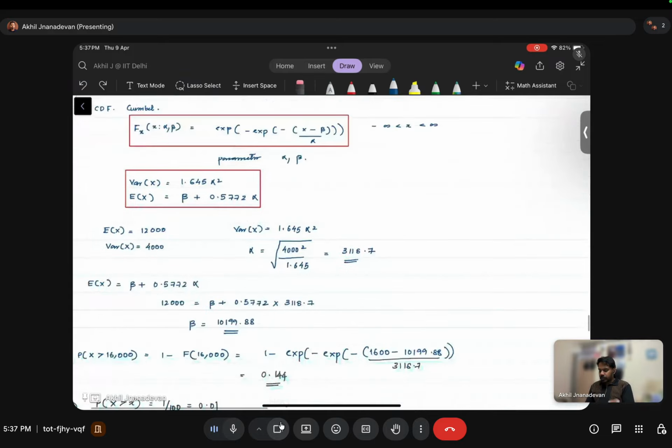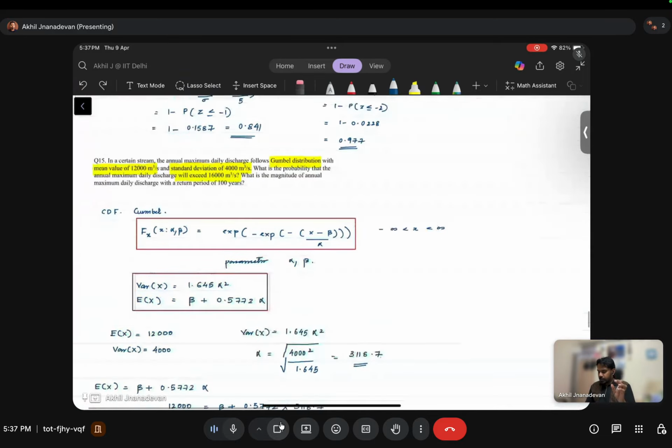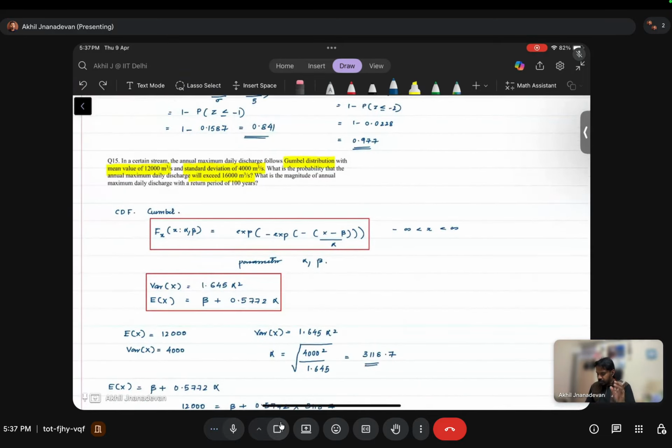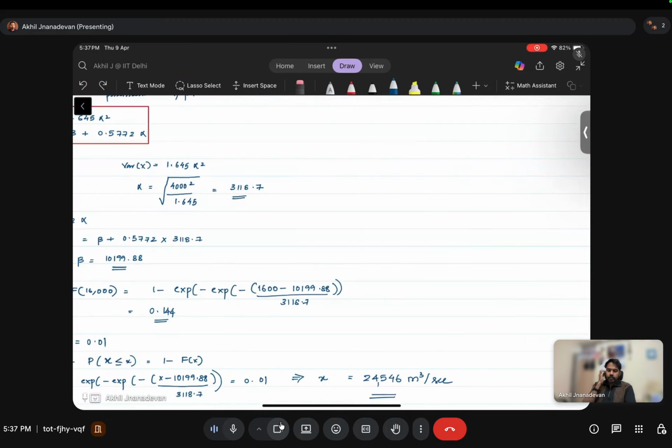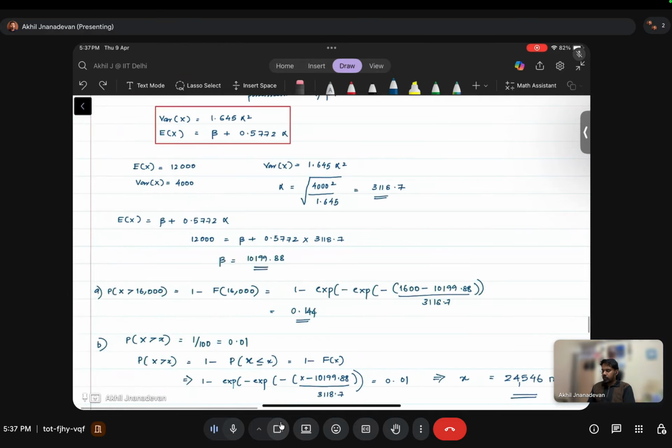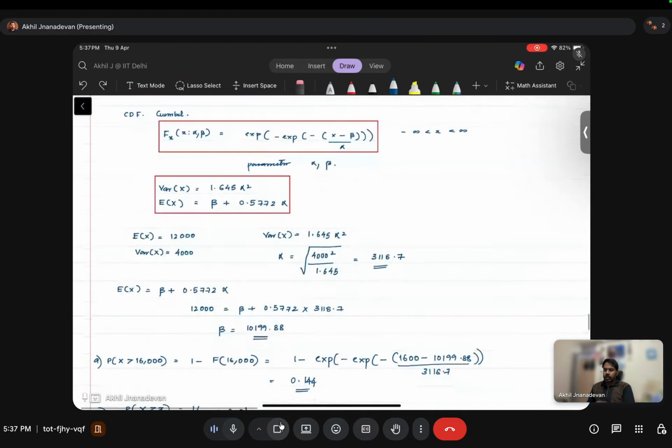So this magnitude of maximum discharge has a return period of 100. After every 100 years, a maximum discharge of 24,546 will occur. This is how we use Gumbel to model extreme values.